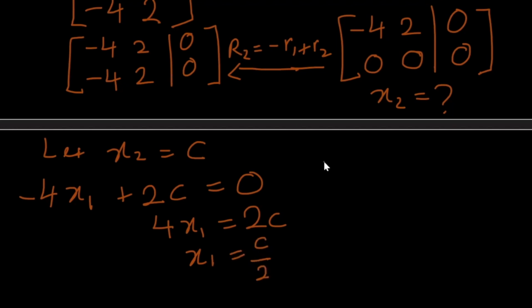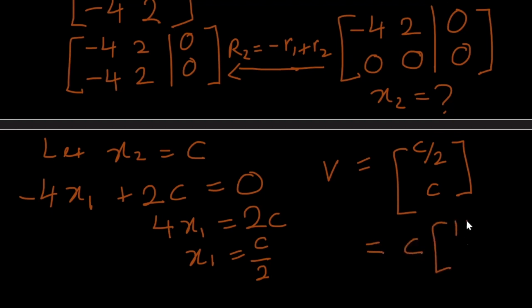So the eigenvector would be x1 as c over 2 and x2 as c. And this could be rewritten as c times (half, 1).